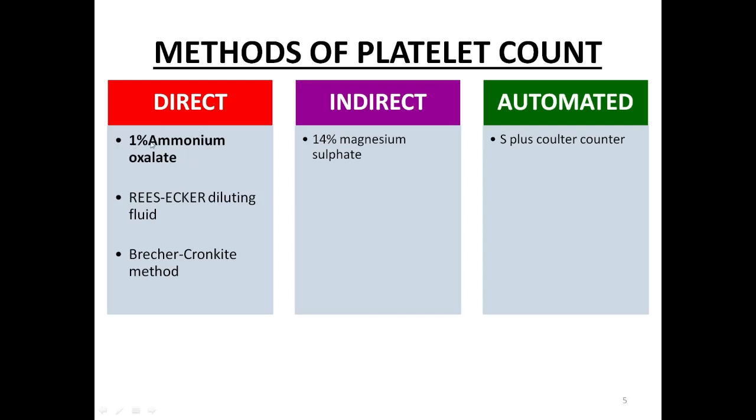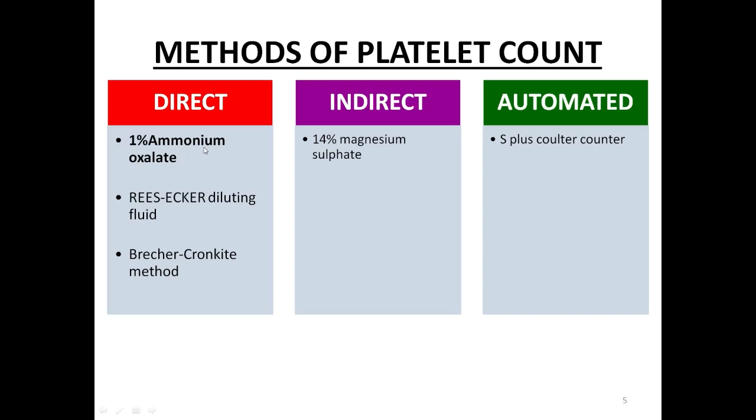This is a platelet diluting fluid. Okay, and the content of Rees-Ecker diluting fluid you should know. In the indirect method, 14% magnesium sulfate solution you can use, and in the automated method, an S plus Coulter counter is used. Okay.